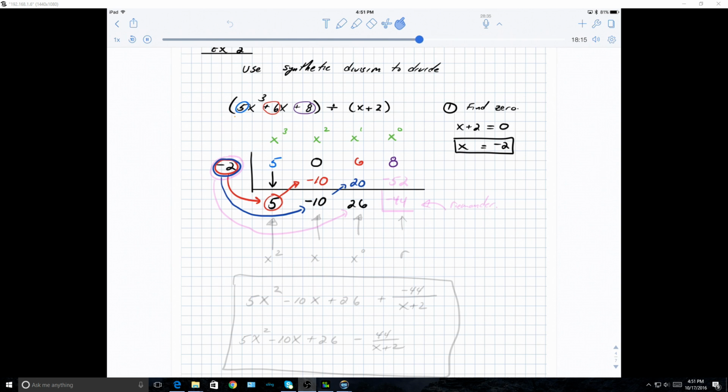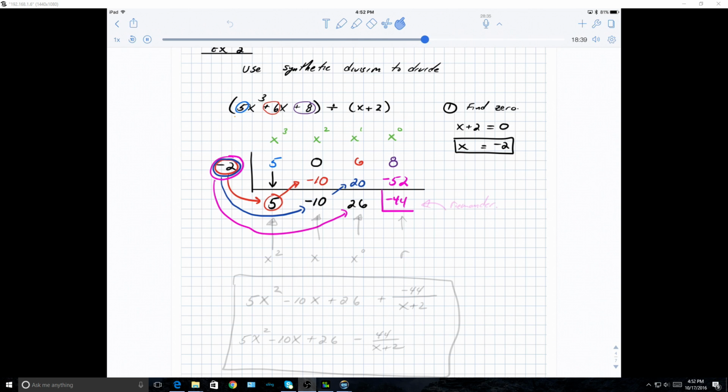And then we carry out the last process here, and maybe in pink, negative 2 times 26, well, that's just a negative 52. So if we combine all of these together, that'll give us a negative 44.